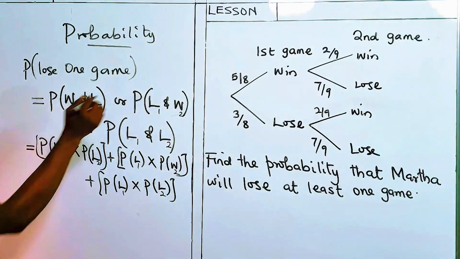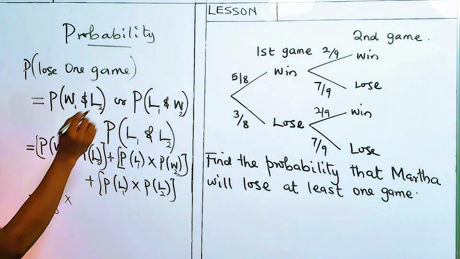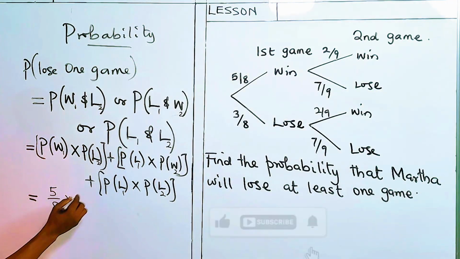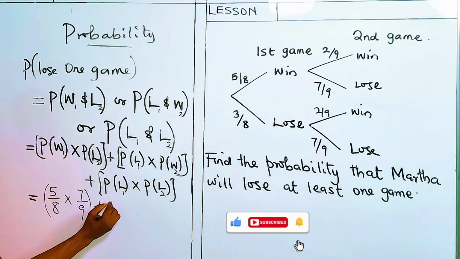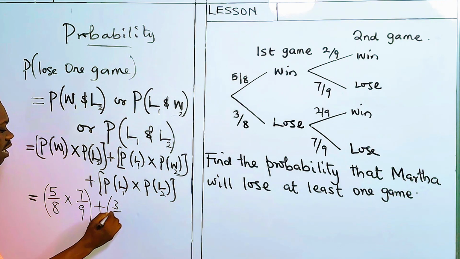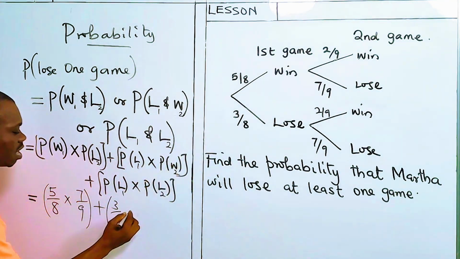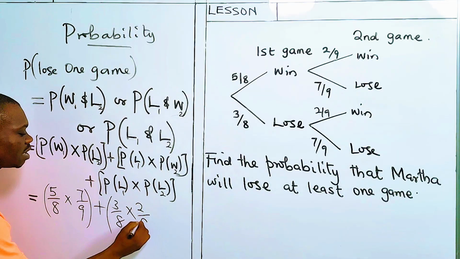To win the first is 5/8, multiplied by lose the second, which is 7/9. Put this in a bracket, plus lose the first, which is 3 over 8, multiplied by win the second, which is 2 over 9.